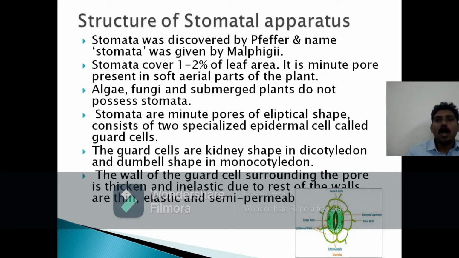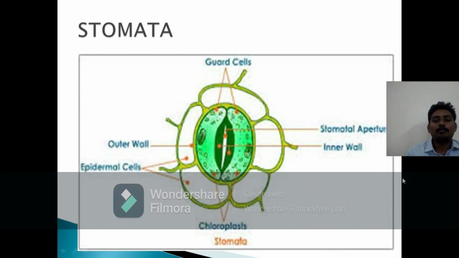The wall of the guard cell surrounding the pore is thickened and inelastic, while the rest of the walls are thin, elastic and semi-permeable. So the guard cells are the protective cells.